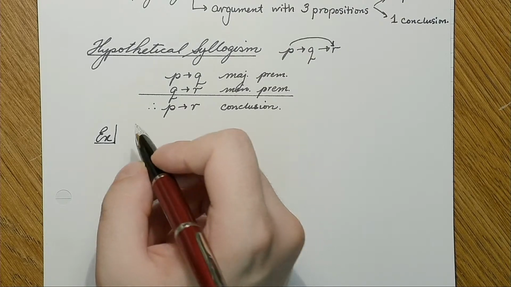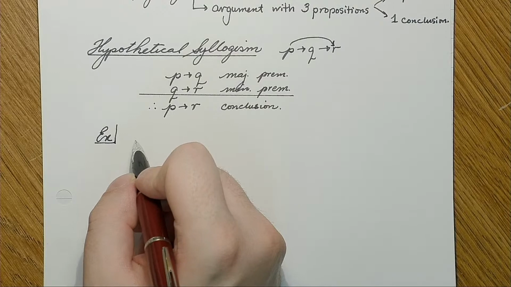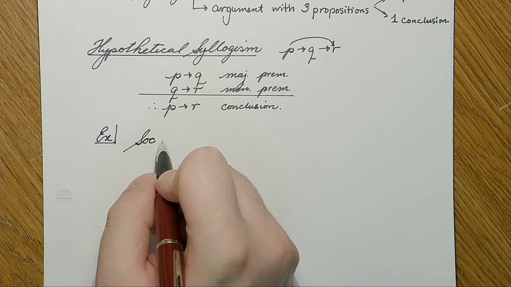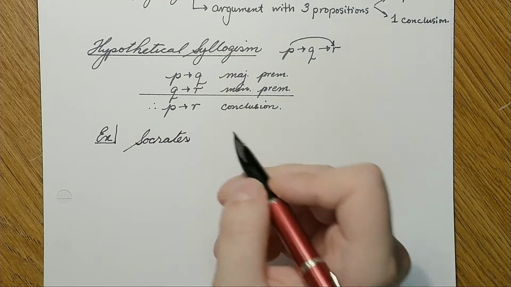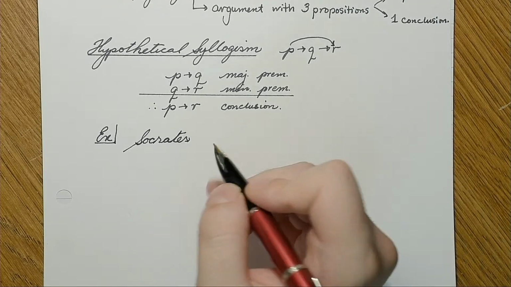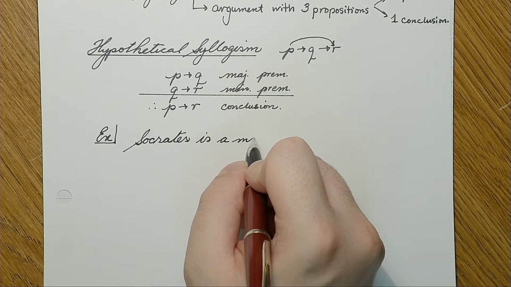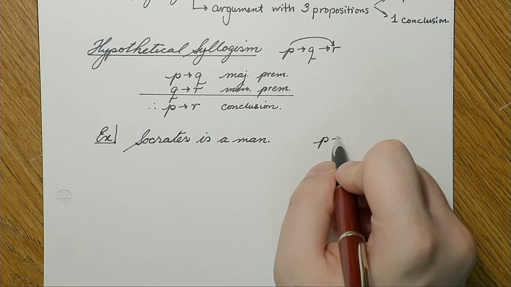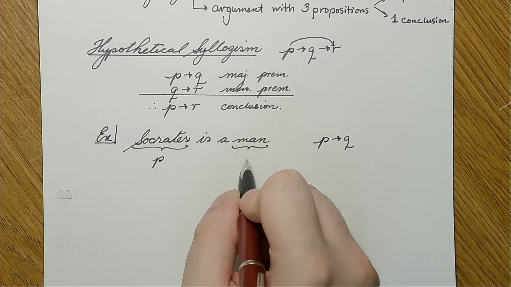So what I can show you is, let's do an example. Let's see, how do I spell Socrates? Socrates. So this has been known since the ancient times. They said Socrates is a man. So we'll say that this is P implies Q. So this is Socrates, this is P. It's a man.